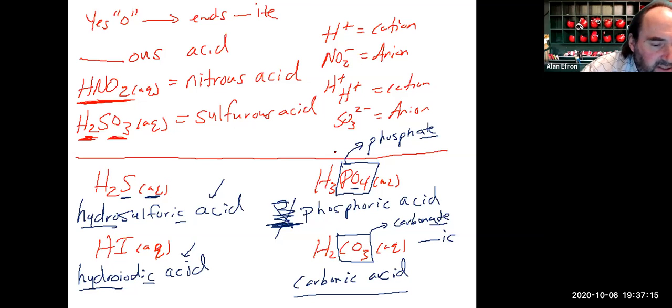Any questions on how to name acids? It does involve whether or not there's oxygen, and that's the main thing. And if there is oxygen, you're going to have that polyatomic ion present. Any questions on acids?